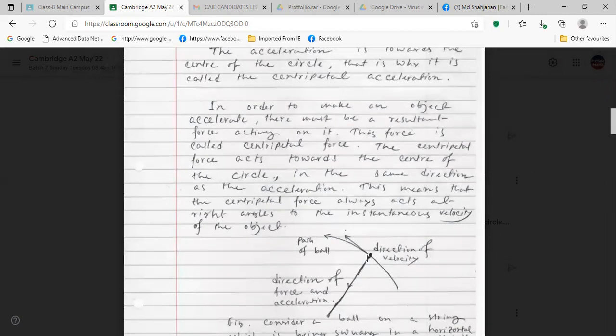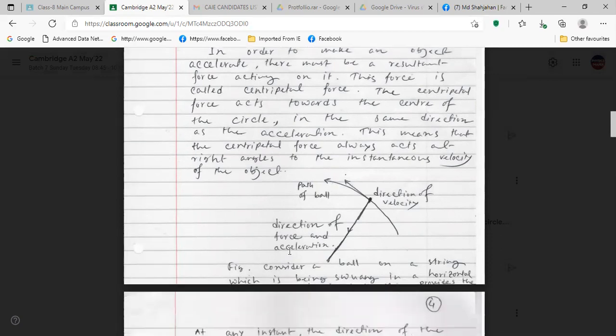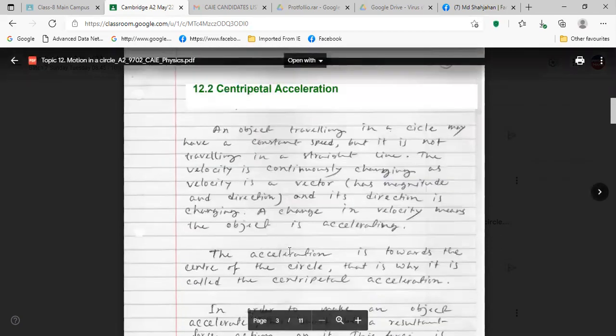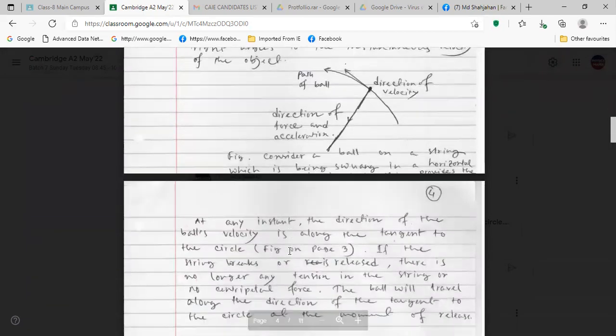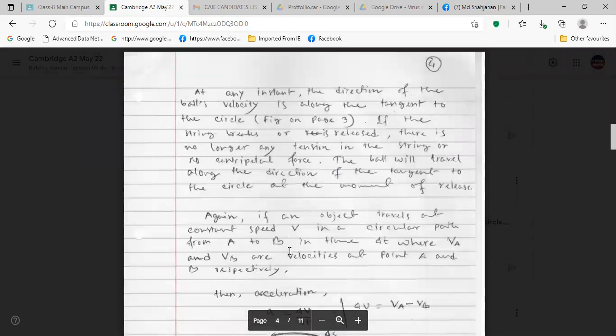We have this point here, and the tangent is drawn at this point. That is the direction of velocity of the object. This is about page 3. They are saying to take it in page 4. So at any instant, the direction of the ball's velocity is along the tangent to the circle.